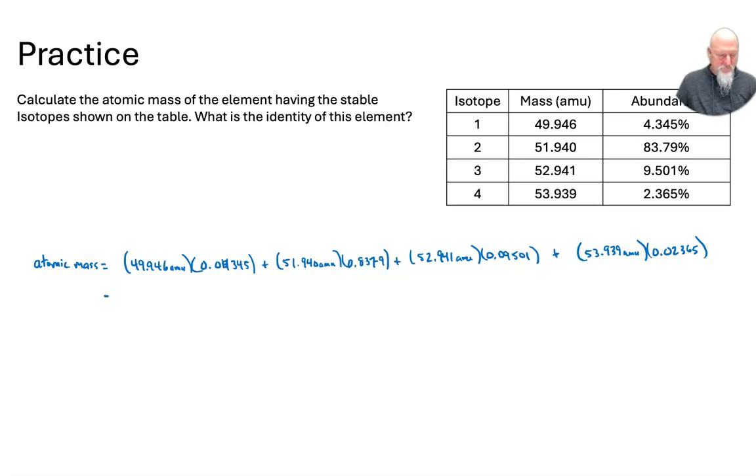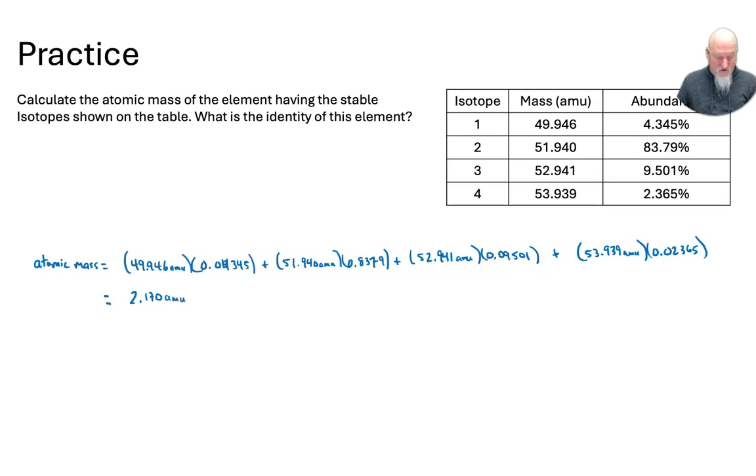Okay? So I'm going to multiply each of the masses times the abundance. So 49.946 times 0.04345 gives me 2.170. If we're doing significant figures, we should have 2.170 AMU.